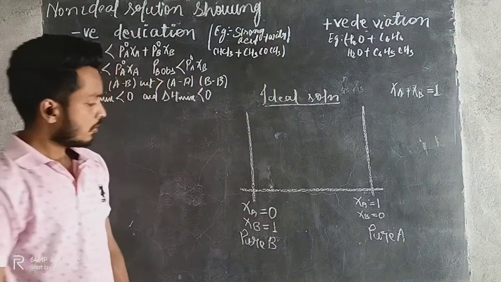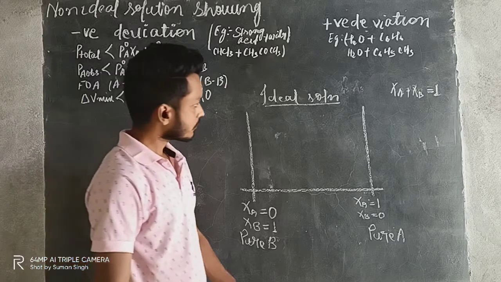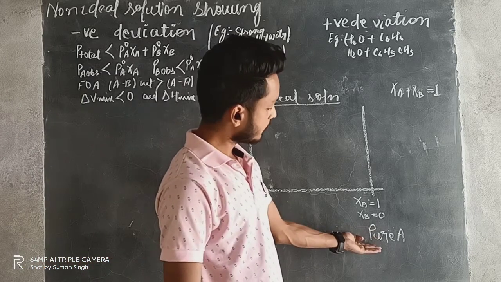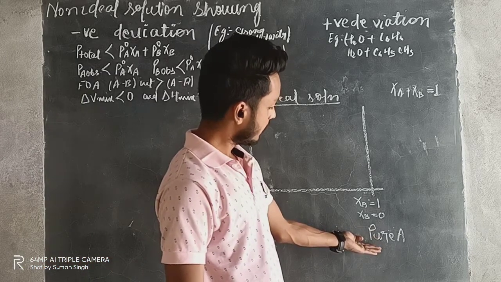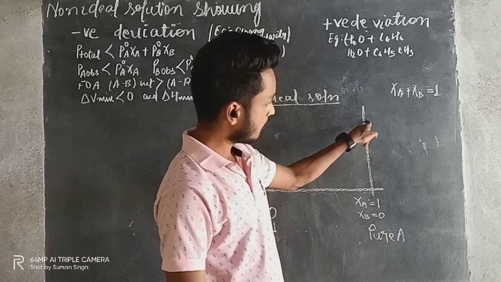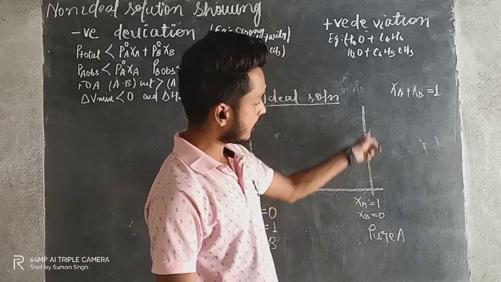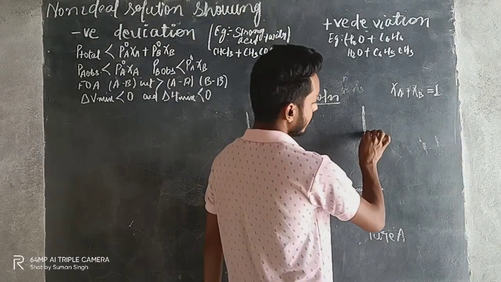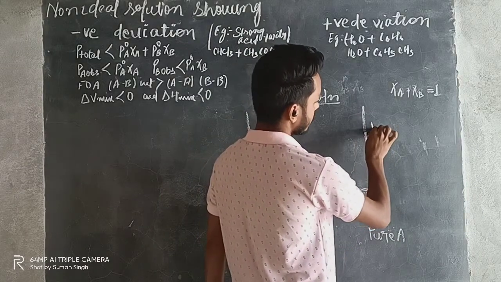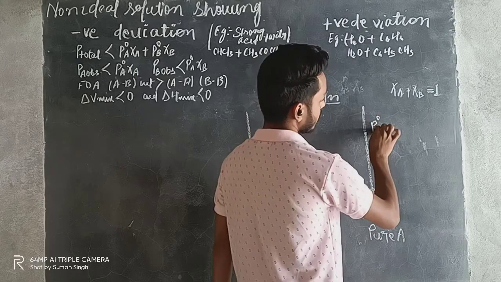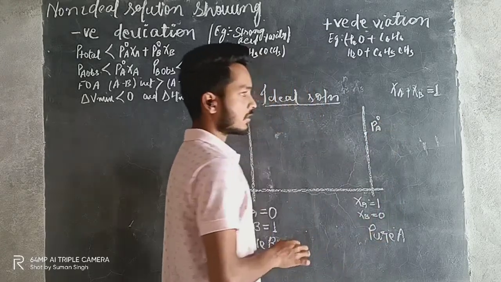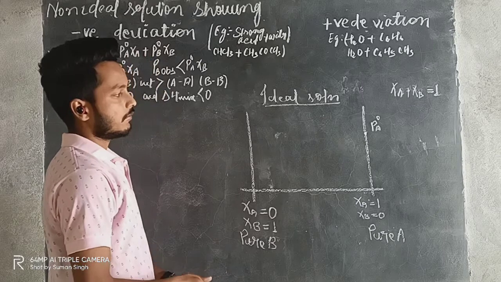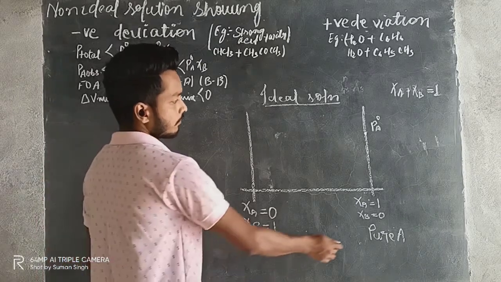Now if this is pure A, it means in this line there will be P naught A. P naught A is what I told you in the second lecture, the vapor pressure of pure A.